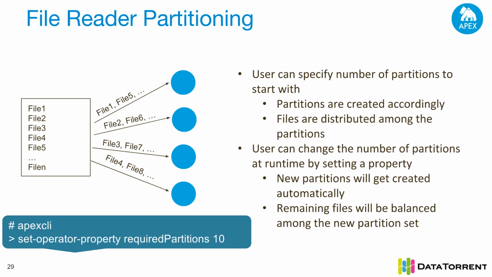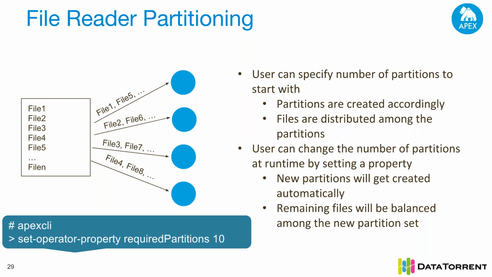In the case of file reader partitioning, you can specify the number of partitions you want to start with, and the files from the particular directory will be distributed among these partitions. This directory is monitored by the file reader operator.